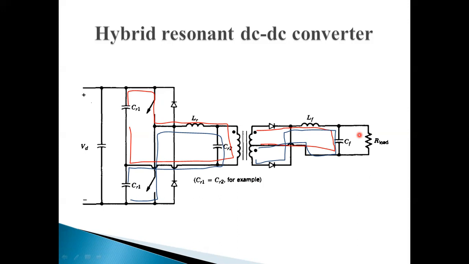So we merge both the advantages. If we want to merge both benefits in one circuit, we should create one new converter, which is the hybrid resonant DC to DC converter. So we can use both capabilities of the converters.